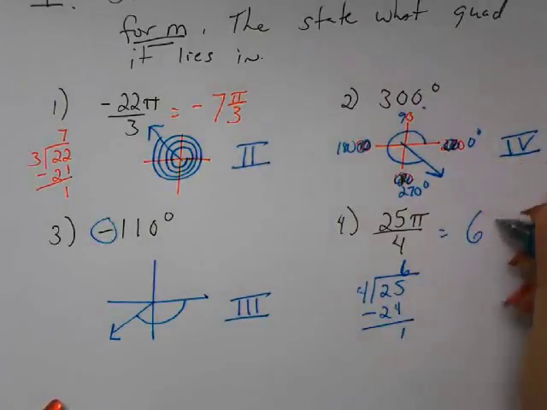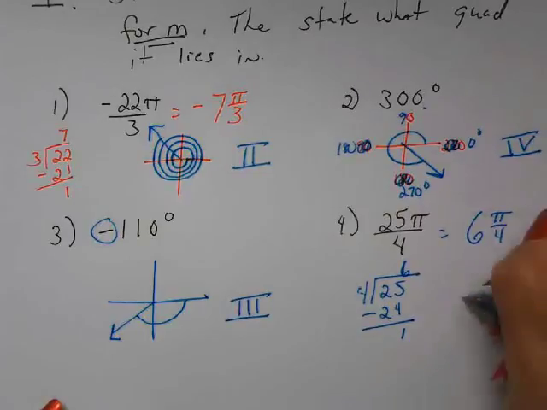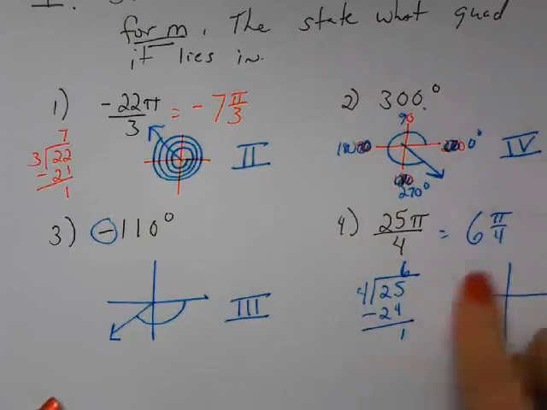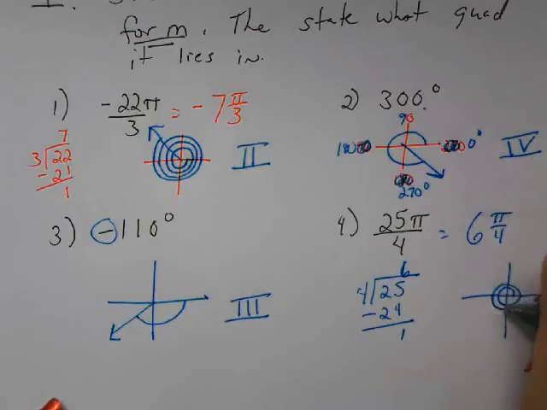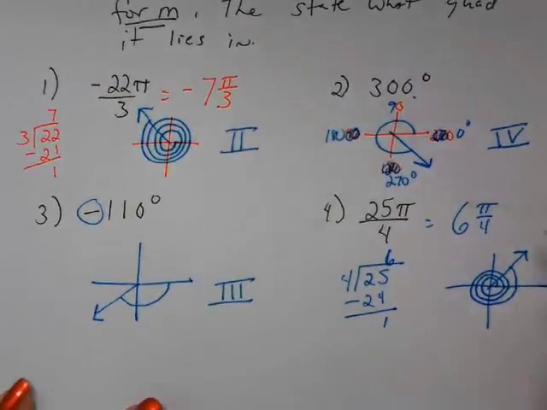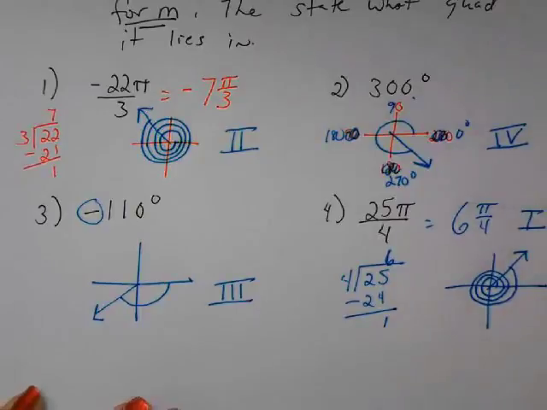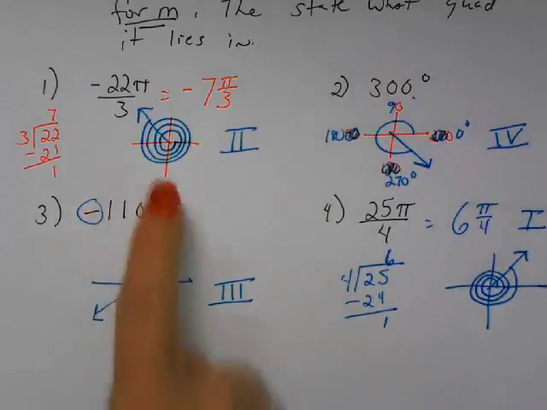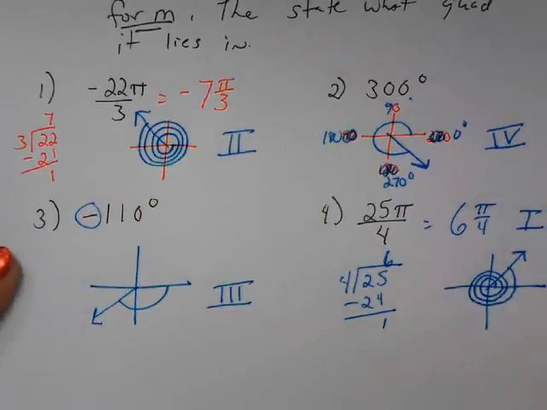So I get 6 and pi over 4. Now, it's positive, so this time I'm going counterclockwise. 1, 2, 3, 4, 5, 6, and a 4. So I would be in quadrant 1. So if I ask for standard, I want all these loop-de-loops. Okay?